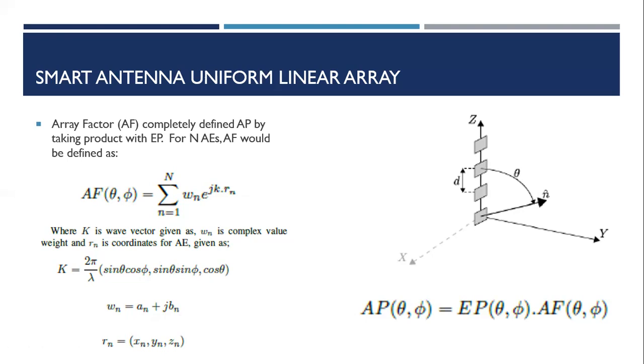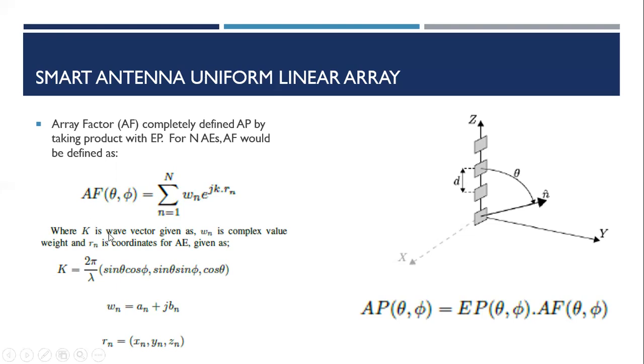Hence, it will have some magnitude, direction and phase associated with it. Secondly, we have this complex expression multiplied, given as e to the j k r n, where k is the wave vector. So k tells us the wave number which is present for each of the elements within the antenna.